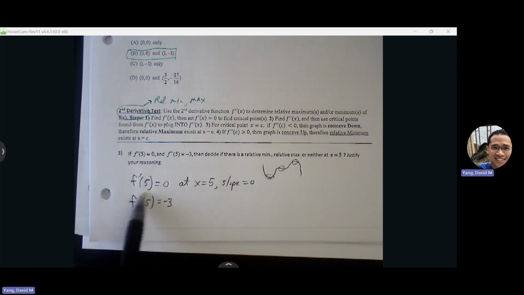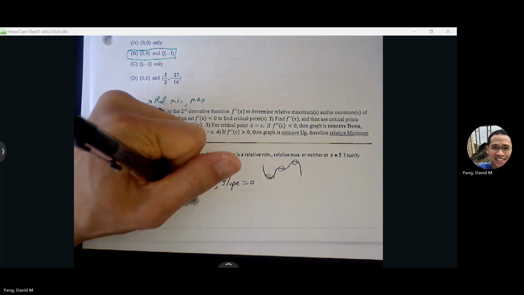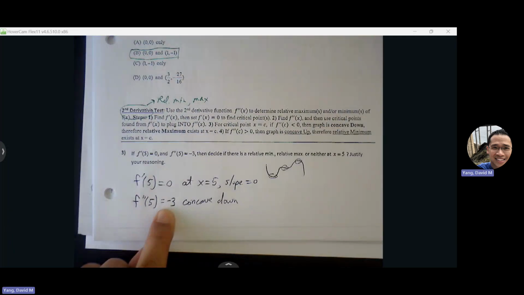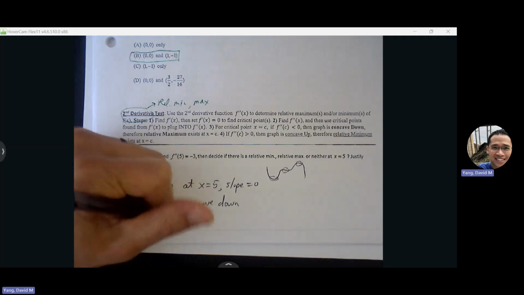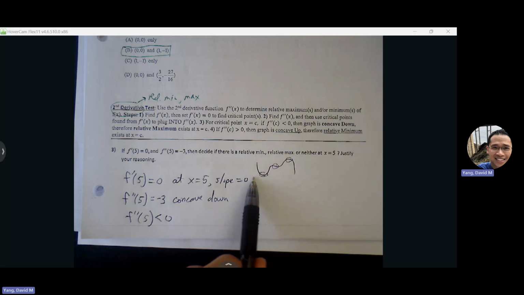We want to talk about negative concavity, right? That means concave down. So the number is not that important. It's the fact that f double prime of 5 is less than 0. So if I pair those two informations together, I know it's got to be a slope 0, but then it's part of a concave down graph.